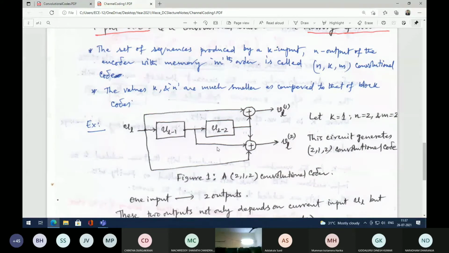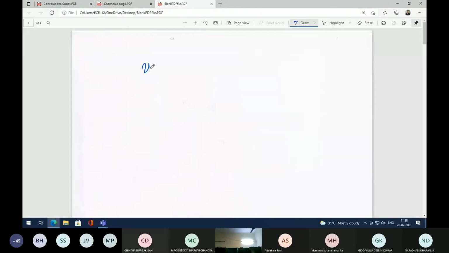In this particular case, consider a sequence of message bits, say U0, U1, U2, and so on, UL, UL plus 1, and so on.